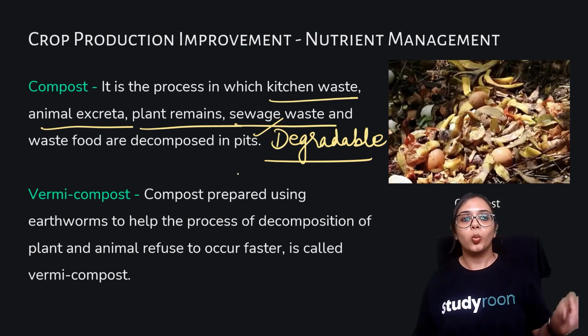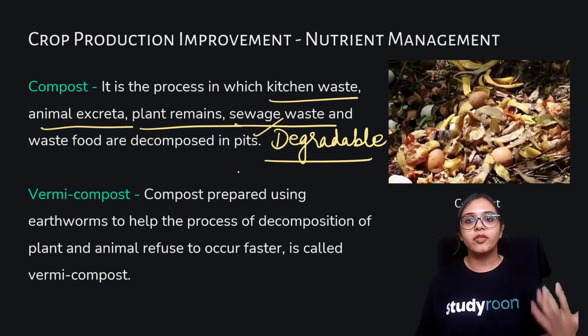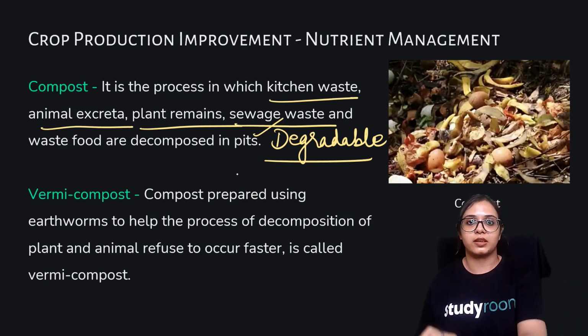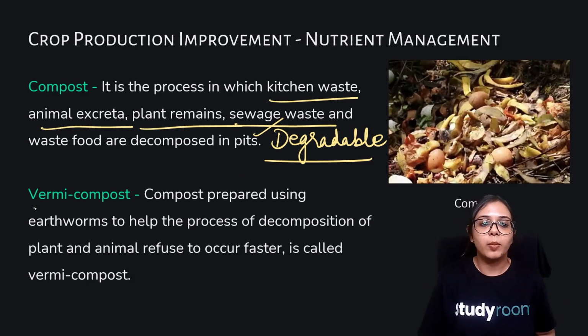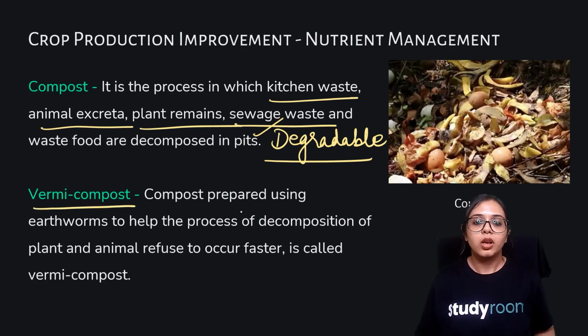Then when you add extra living organisms to this waste, so that the process of production of manure is enhanced, you are making a vermicompost. So vermicompost is compost prepared using earthworms.